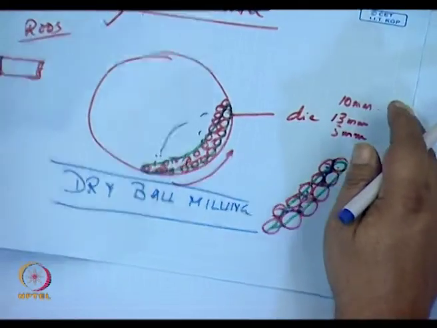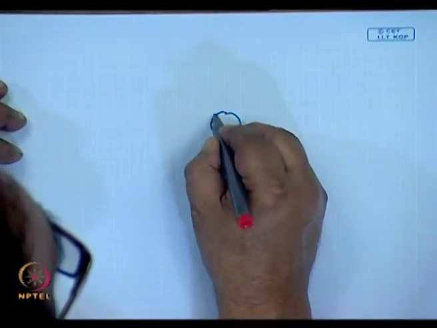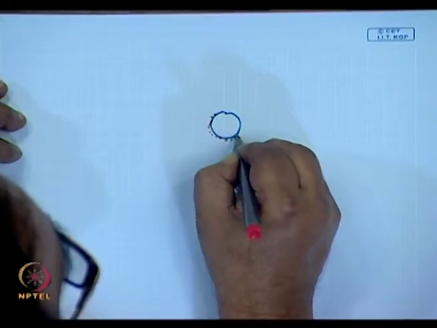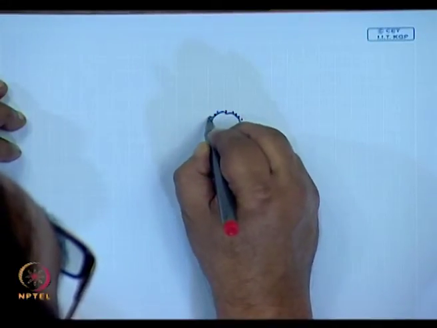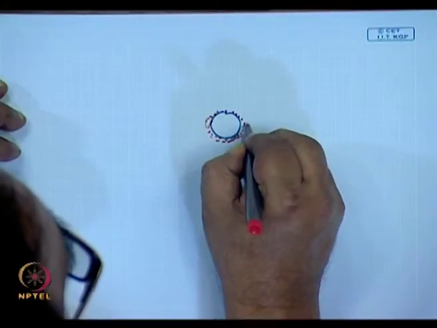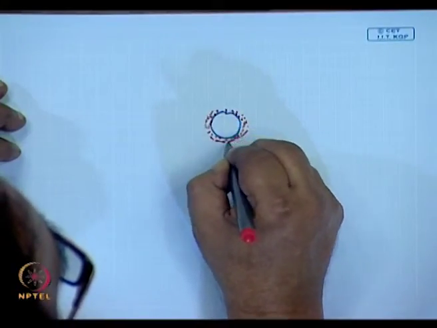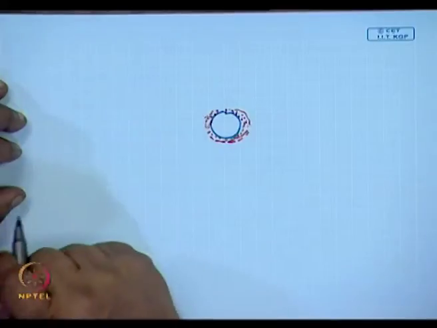What normally happens in such cases is, if this is the ball to start with, as grinding progresses, we see that the ceramic powder gets stuck to the surface, and the surface thickness of the ceramic powder keeps on increasing.